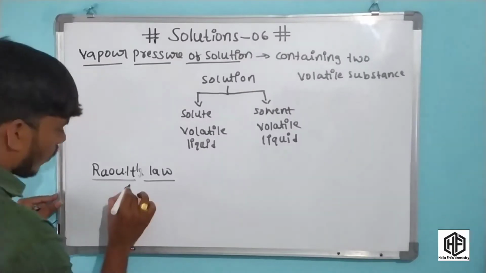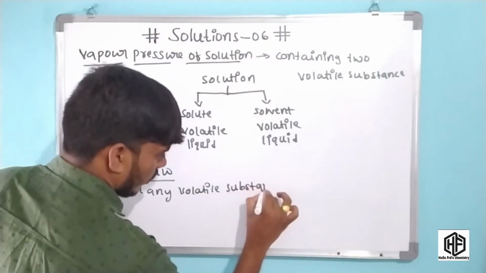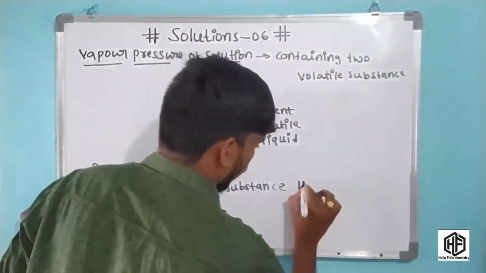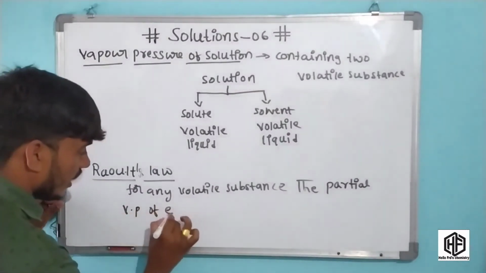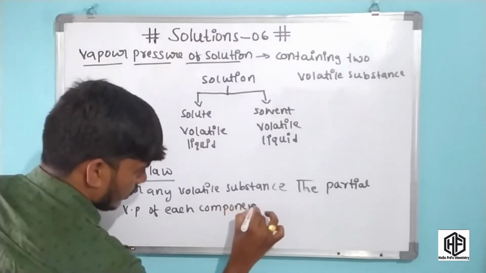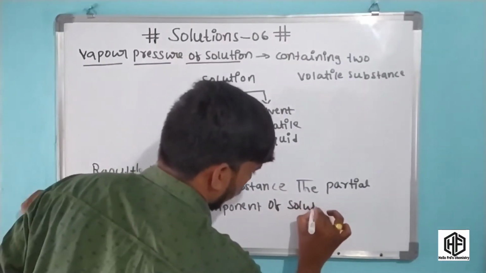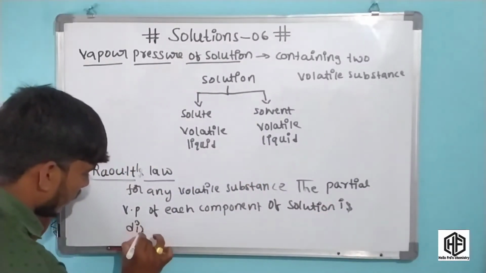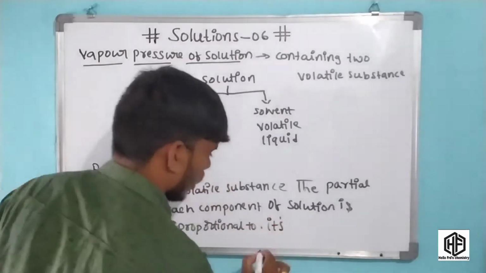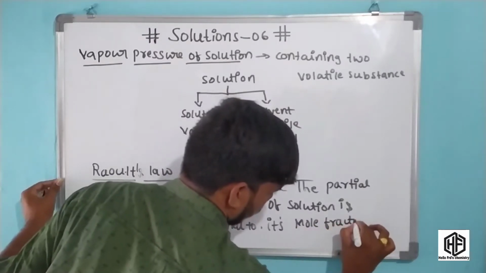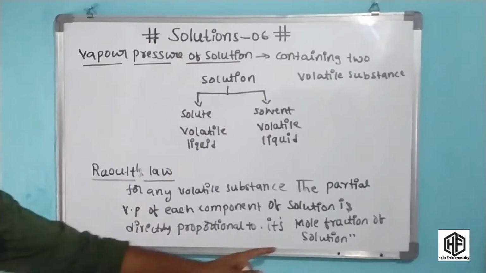Raoult's law is, for any volatile substance, the partial vapor pressure of each component of a solution is directly proportional to its mole fraction in the solution. Mole fraction of the components present in the solution, that is called Raoult's law.